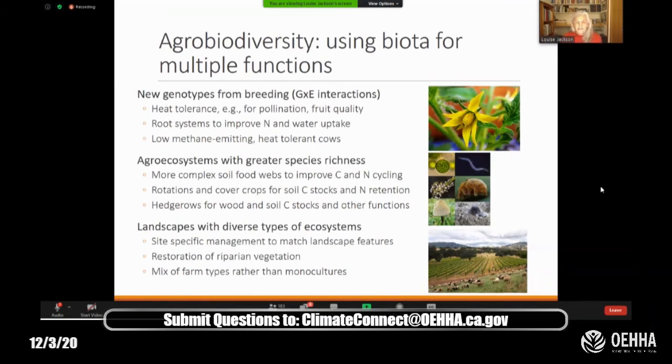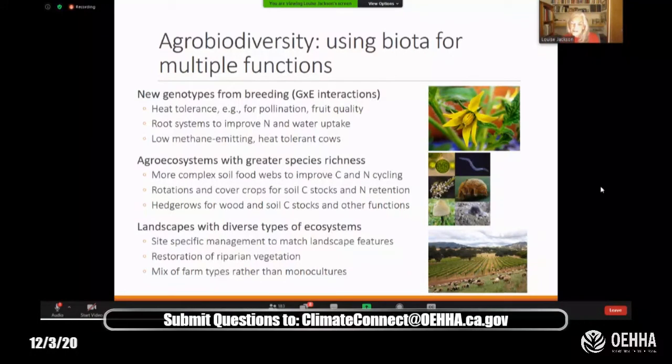Moving to the landscape scale, there's quite a bit of ecological evidence that agricultural landscapes with diverse types of ecosystems have more resilience. The idea is that there's site-specific management to match the plant community or crop to landscape features.